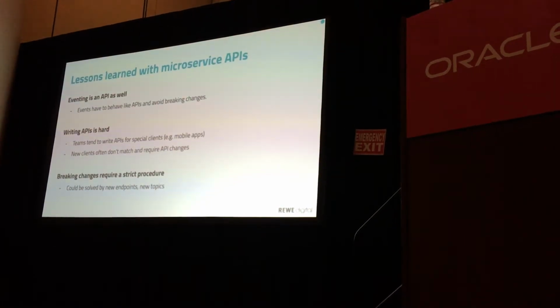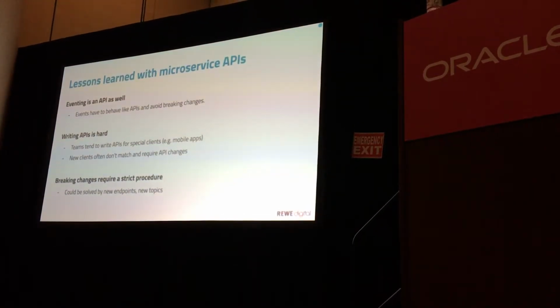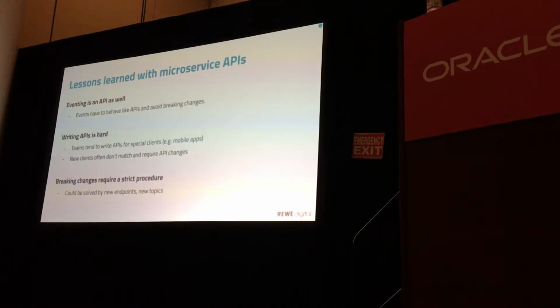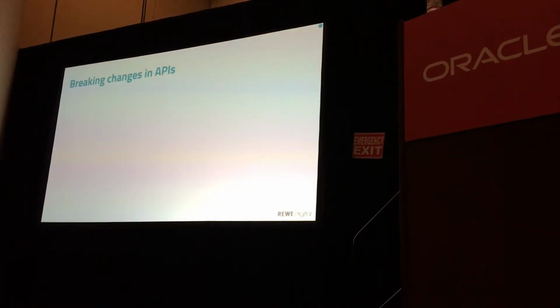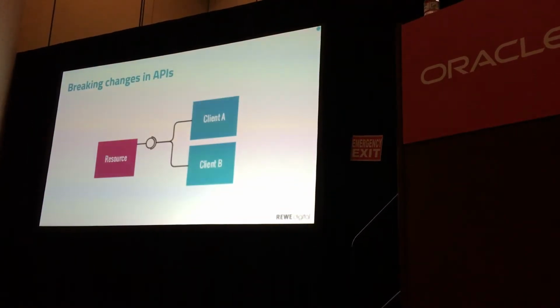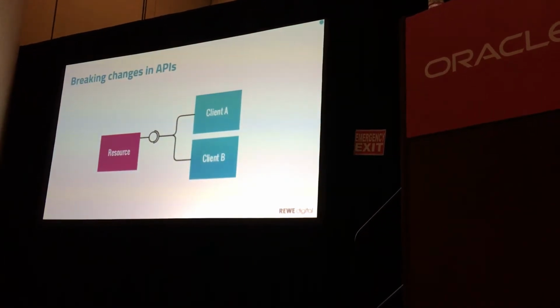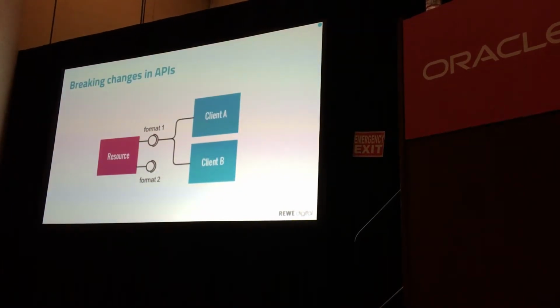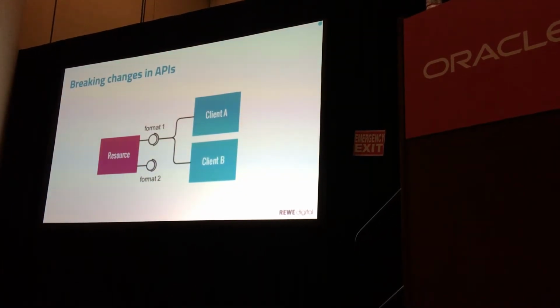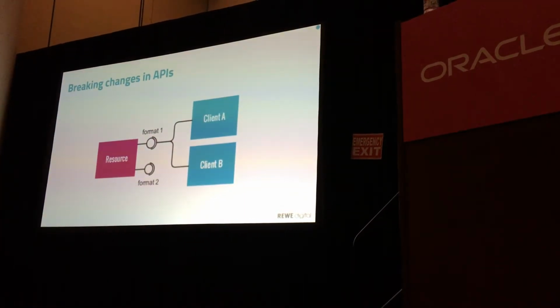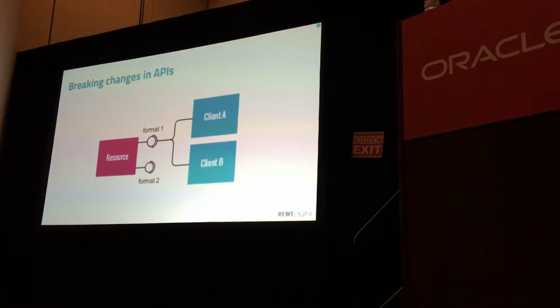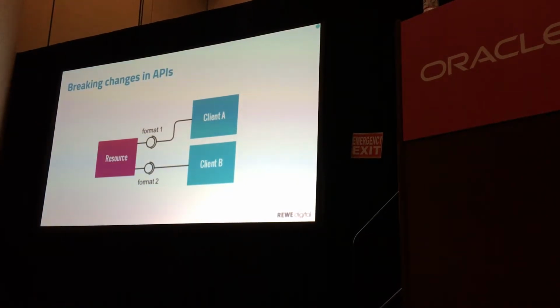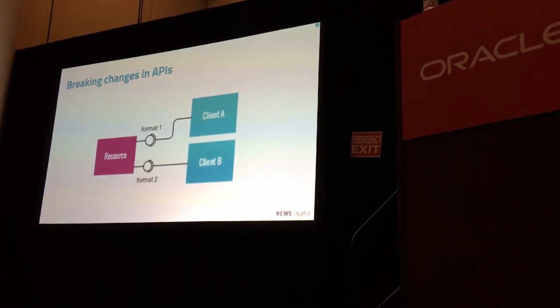We tell teams to not have breaking changes at all, but when they have to, they must behave exactly like this. For example, you have a resource and 2 clients consuming this API. And then the team providing the resource has to do a breaking change. So they need to go to the teams providing the clients and ask them to please move to the other API.